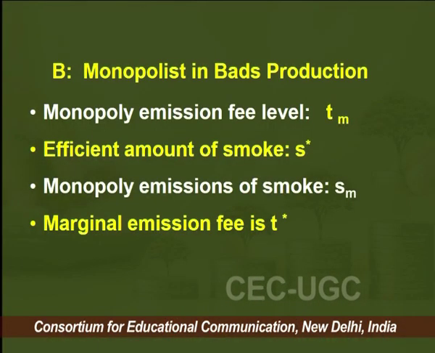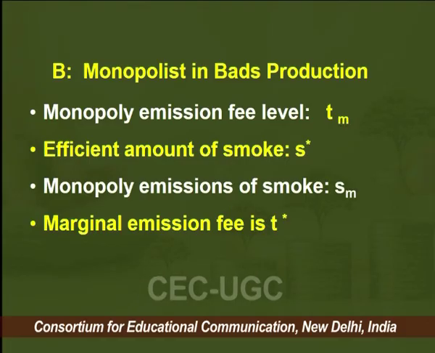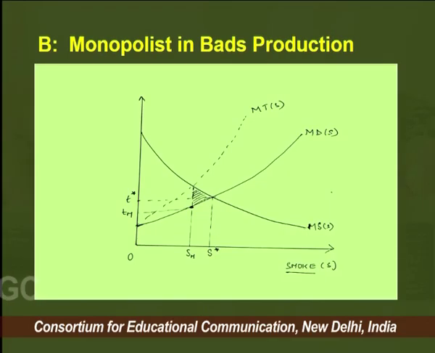In the graph, TM, S star, T star: the starred values are the efficient levels of taxes and emission, while TM is the monopolist's tax and SM is the monopolist's smoke. As you can see in the diagram, this is how we try to obtain optimality in case the firm is the sole producer of emission in the pollution market.